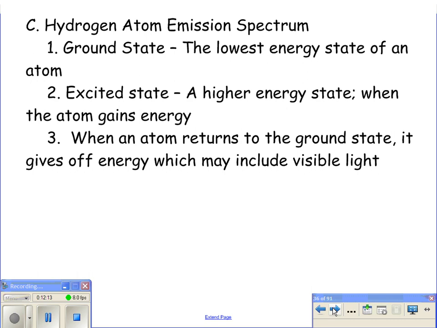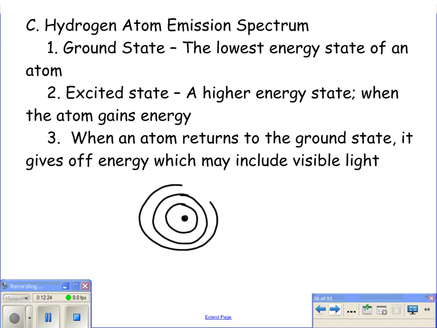What happens is, when you have an atom, so here's the nucleus, here's the energy levels out here, and I have an electron that's out here in an excited state. So it's had light shining on it, something that's gained energy, and then it falls back to the ground state.